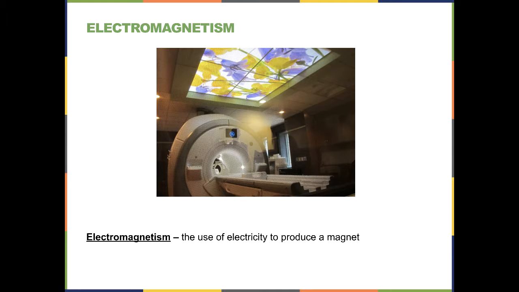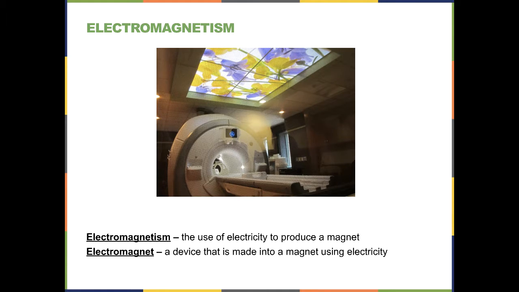What happens is they pass electricity through a coil in such a way as to produce this magnet. And when you put a person inside this magnetic field, you can cause the atoms in their tissues to line up in various directions, and the magnetic fields produced by that can be read and produce images.